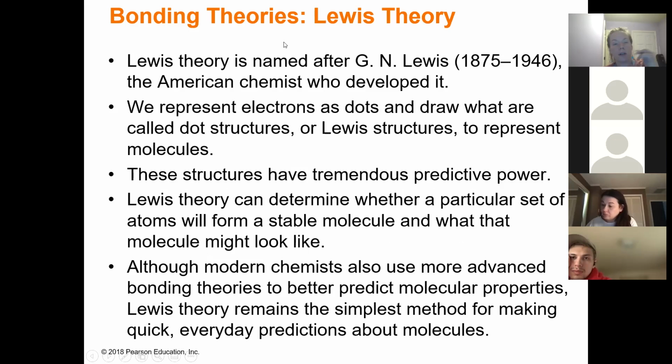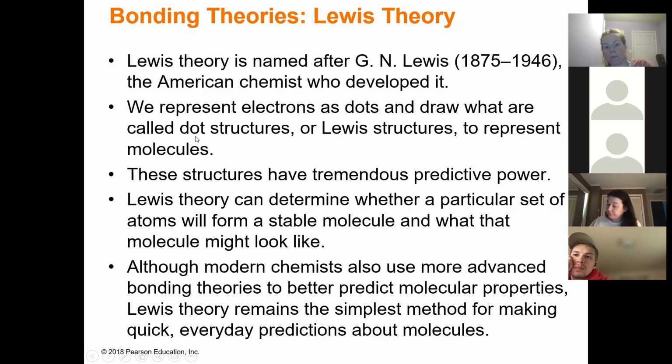So the first theory we're going to start with is the Lewis theory, or the Lewis dot theory. This was invented by a guy named Lewis, and he represented electrons as dots that were drawn around a symbol. So we would write the symbol, let's say for phosphorus, and we would put dots around it to represent how many electrons were available to bond.